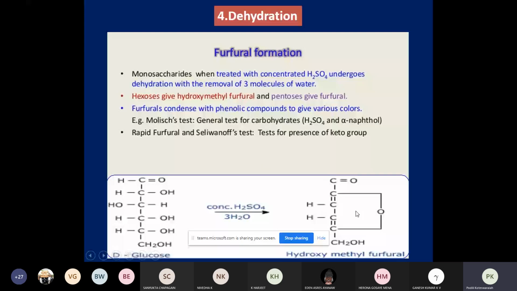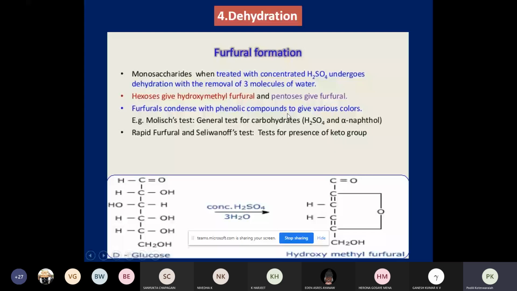So glucose gives hydroxymethyl furfural, whereas the five carbon sugars give only furfurals. And this is what we do in the anthrone reaction in the biochemistry lab, based on the formation of furfurals at the beginning. This furfural further condenses with the anthrone reagent and forms a furfural anthrone complex, in order to determine the total sugar present in a sample.